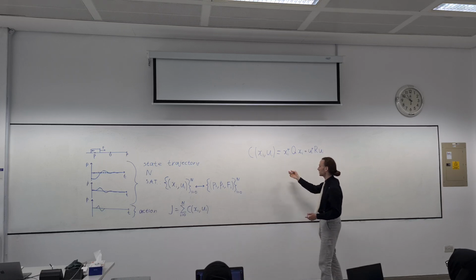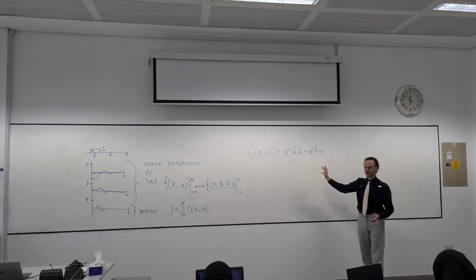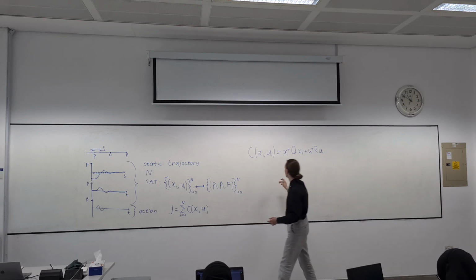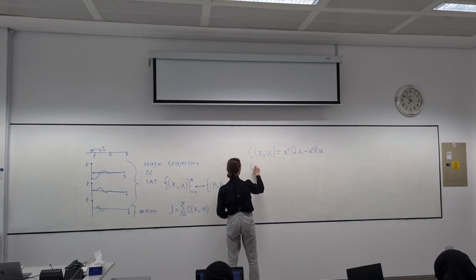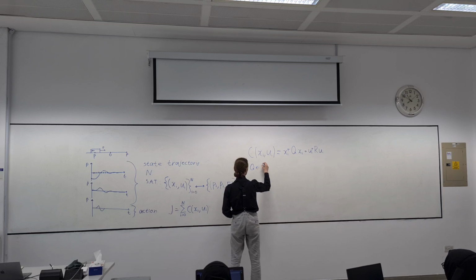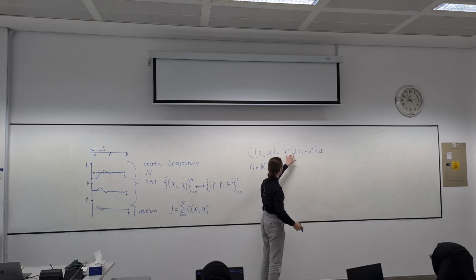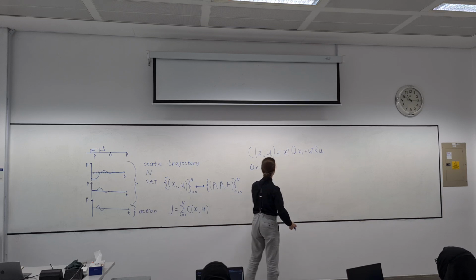And actually we have to require something from these matrices. Let's take a look at them. Q is a matrix that is multiplied by the x vector from both sides.